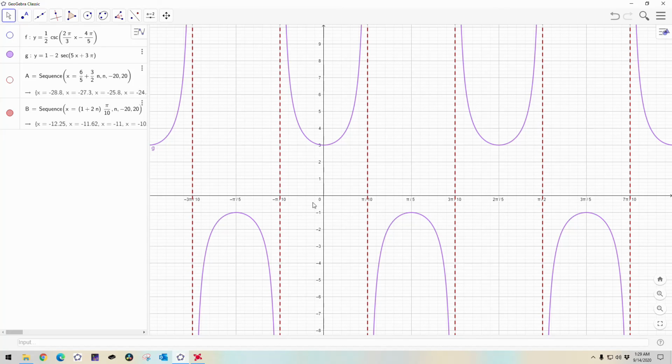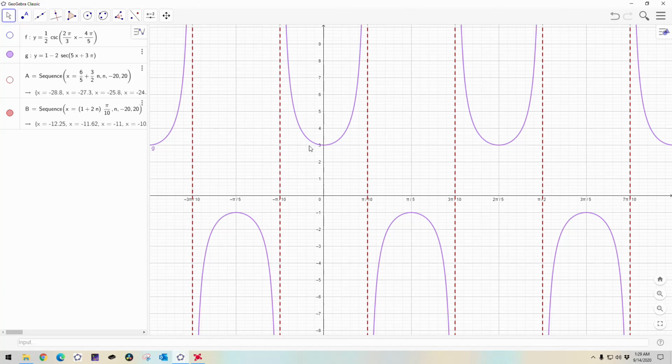Okay, and then the next thing you also need to notice is that this has been shifted upwards. You can see that this one peaks out at 3, and then these bottom ones peak out at -1. The center line of that being 1 here. They are oscillating in the way we would expect.